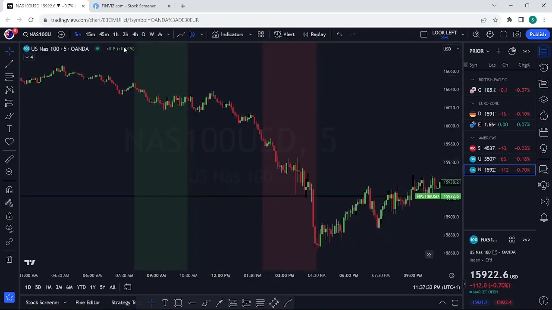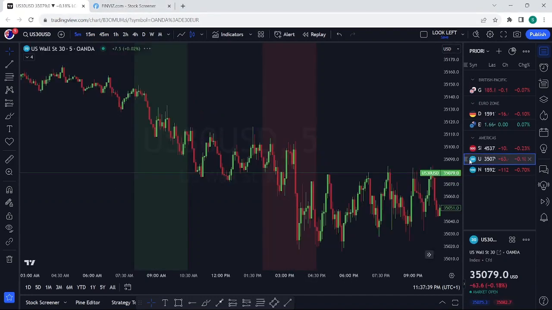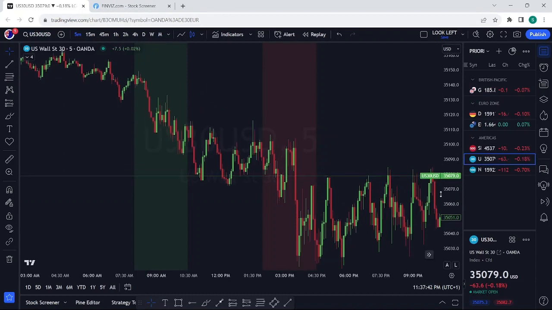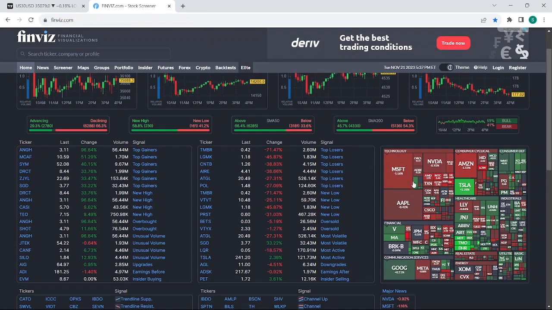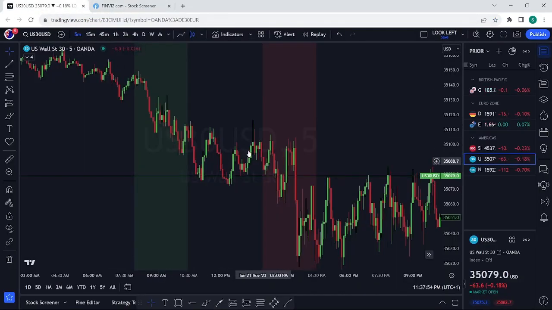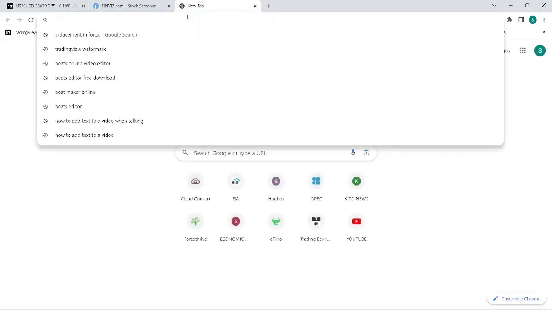Okay, so let's say I want to take a trade on US30, and I open my Finviz. We already know that US30 contains the 30 most valuable companies in the United States.